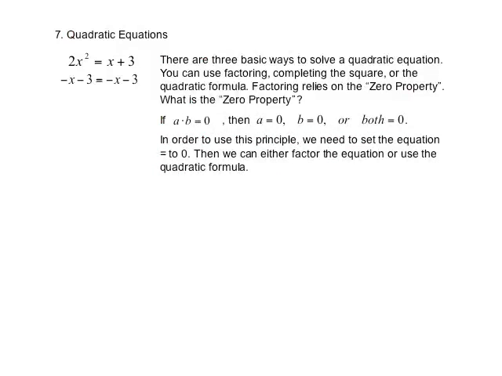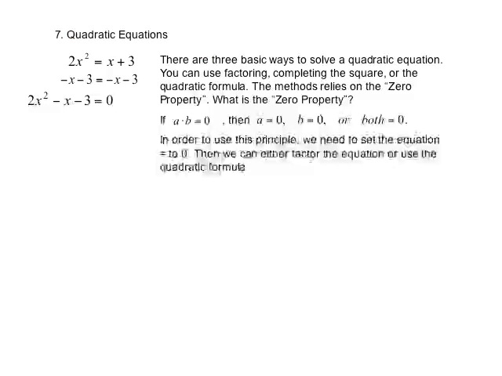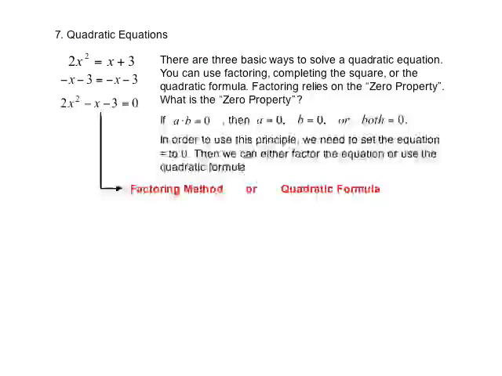So first, we're going to set it equal to 0 by subtracting x and 3 from both sides. Now we get 2x squared minus x minus 3 equals 0. So we'll see if we can factor it, and then we're also going to use the quadratic formula.